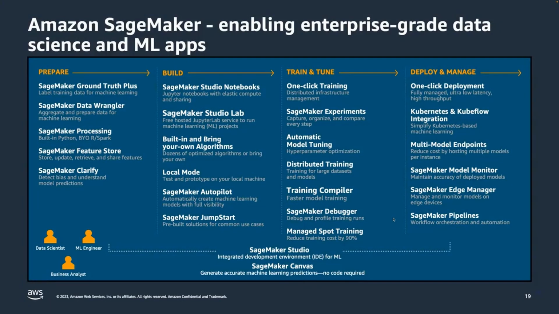So first off, let's take a look at the big picture of Amazon SageMaker. At AWS, we're innovating on behalf of our customers to deliver the broadest and deepest set of machine learning capabilities for builders at all levels of expertise, removing undifferentiated heavy lifting so that our customers can move faster.